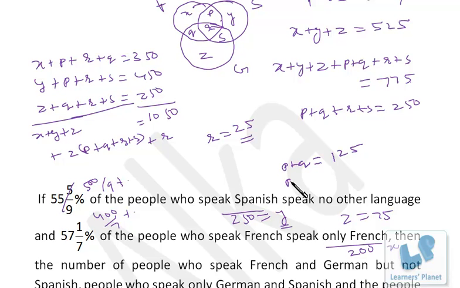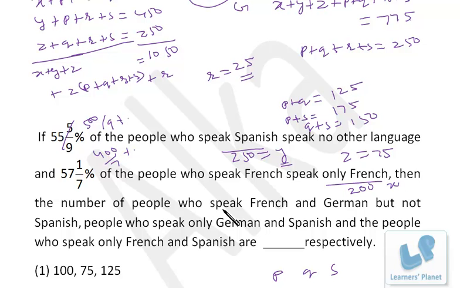So P plus S is equal to 450 minus 275. So that's 175, right? Similarly here Z we know that's 75, R we know that's 25. So Q plus S will be 250 minus 100, that's 150.